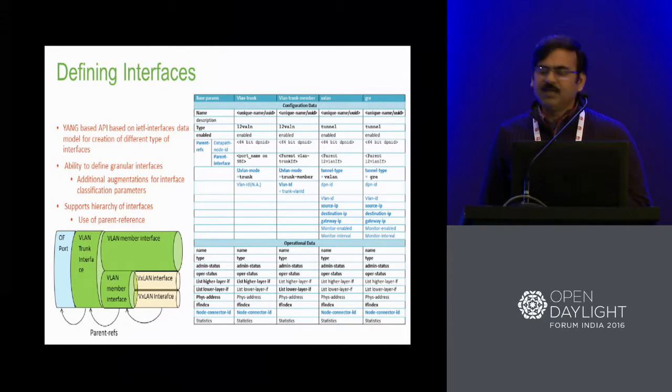This uses the IETF interfaces data model as the base, and we have added additional augmentation on that IETF interfaces data models to realize further granularity and define further classification parameters.